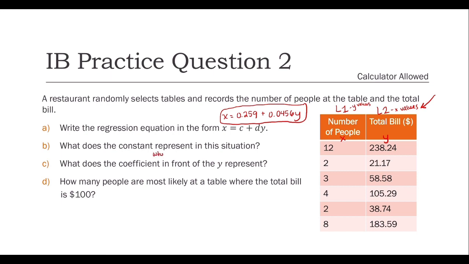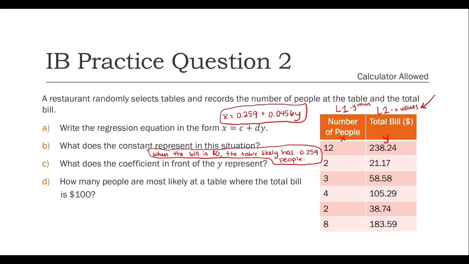So when the bill is $0, the table likely has 0.259 people. So this wouldn't make sense in real life because you can't have part of a person, and also the bill is not going to be $0 if there aren't any people there. So really the constant should be 0, but your line of best fit shows that it's not.